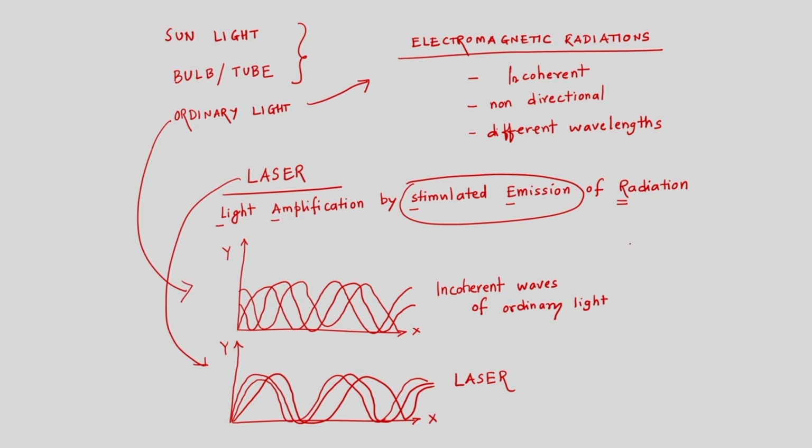So, let us summarize the laser characteristics here. Lasers are having waves which are directional, they are coherent, all the waves are having the same wavelength, which is very important.